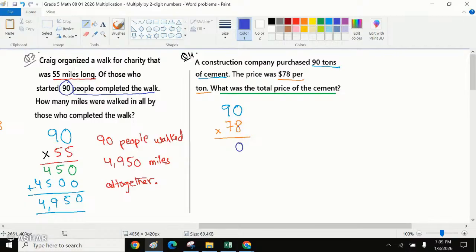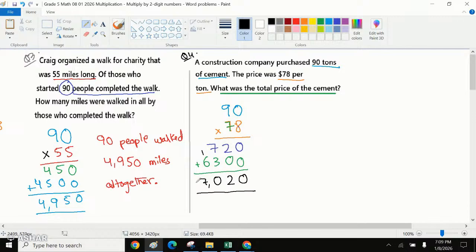What is 8 times 9? 8 times 9 would be 72. We put a 0 for the tens. 7 times 0 is still 0. 7 times 9 is 63, right? When we add them together, 0 plus 0 is 0, 2 plus 0 is 2, 7 plus 3 is 10, and we carry. So we can verify 90 times 78 is 7020.